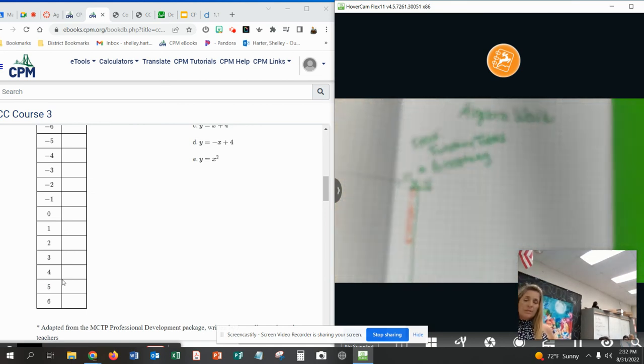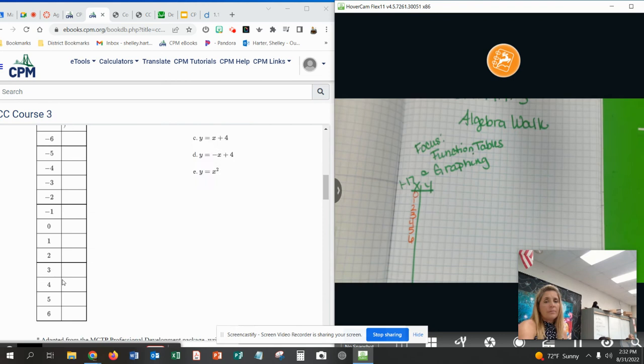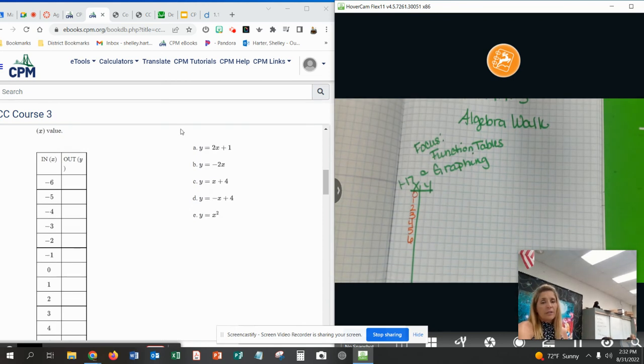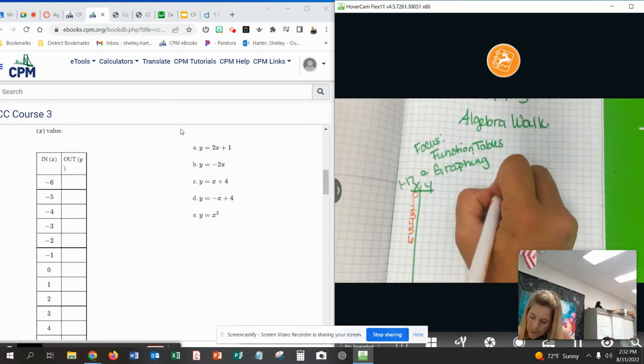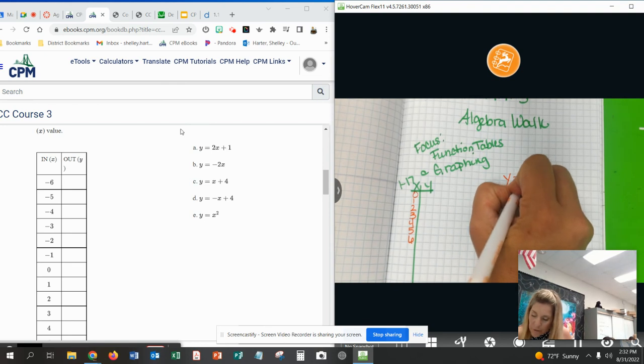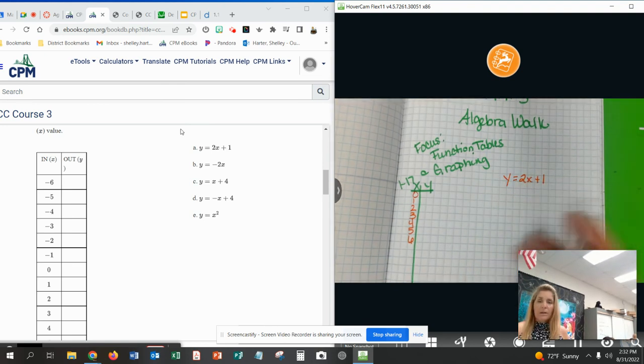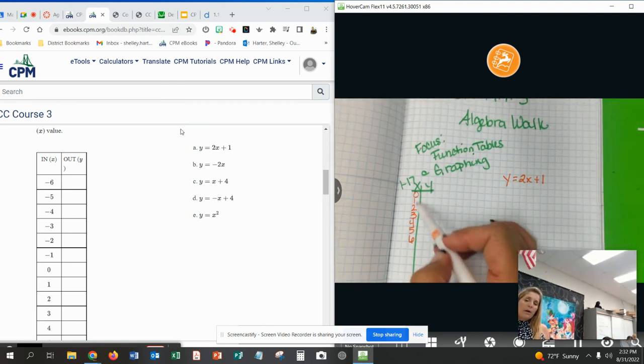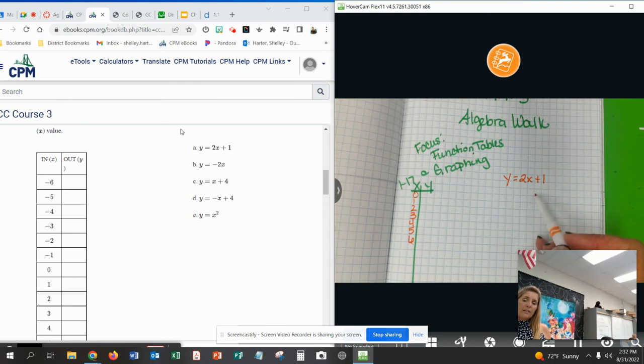Okay, so they've given us an equation, or several, and it's y equals 2x plus 1. We are going to use the x coordinates to find the y coordinates to graph this equation.